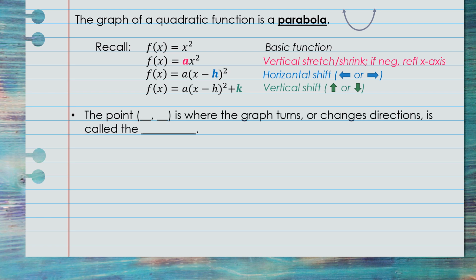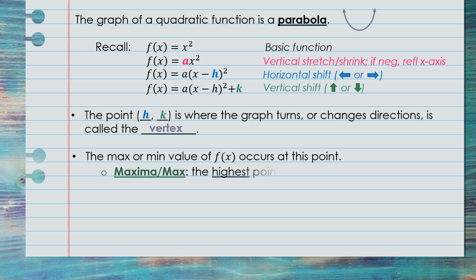Now looking at that specific function, it turns out the point h, k, where the graph turns or changes directions, is called the vertex. Now, the max or min value of the function occurs at this particular point.